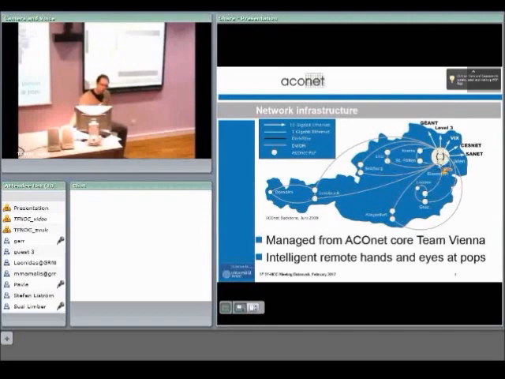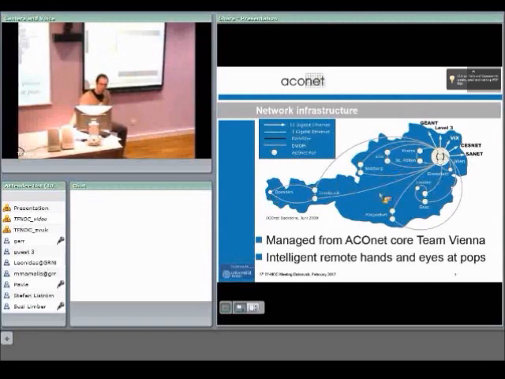We are able to use 40 times 10 gig on these links, and so far we only use one lambda of 10 gigabit on these links. The part of Niederösterreich here is a little bit slower. It's only 1 gigabit per second, and those small POPs here are only connected with a gigabit, multiplexed gigabit over 10 gigabit lines.